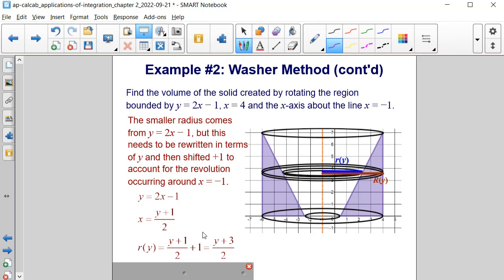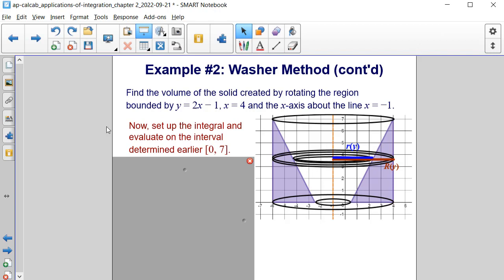So we can rewrite this as y plus 1 over 2 plus 2 over 2, which is that value of 1, to get y plus 3 over 2. And now set up the integral and evaluate on the closed interval that we determined earlier from 0 to 7.